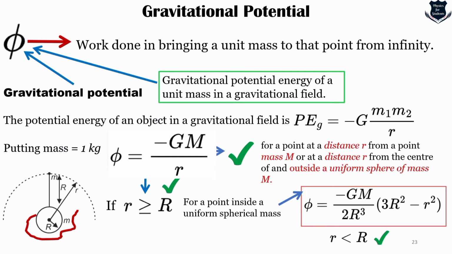This holds when small r is less than big R. And phi equals minus GM by r holds when r is greater than or equal to R. So for a point at a distance r from the center and outside a uniform sphere of mass, this happens, and for a point inside the uniform mass, this happens.